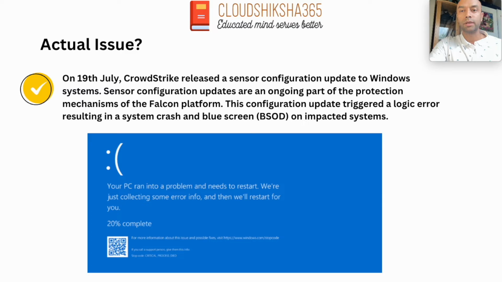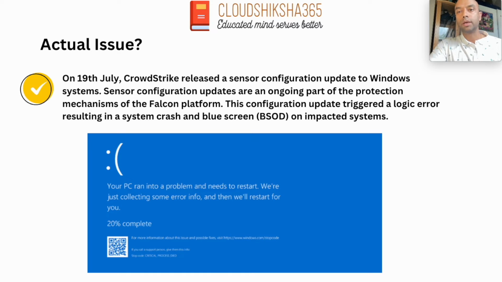But what happened soon after is that the endpoints or the machines or the terminals which were using this antivirus software started experiencing the blue screen of death. BSOD is called the blue screen of death. This is a very renowned error that we have seen with Microsoft products, specifically Microsoft operating systems or devices which are using Microsoft OS.